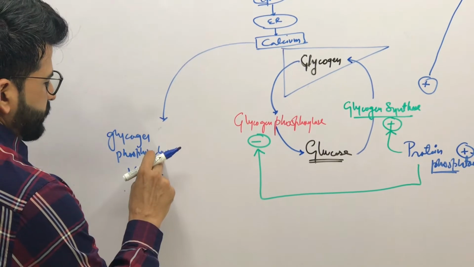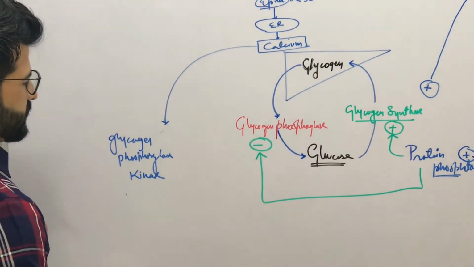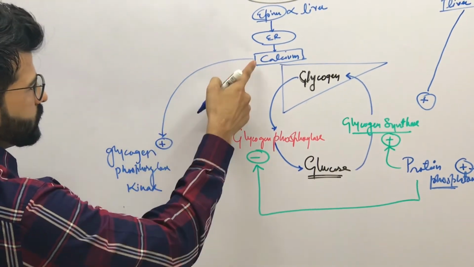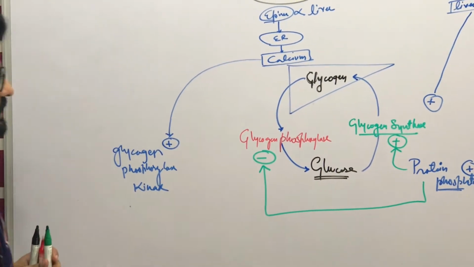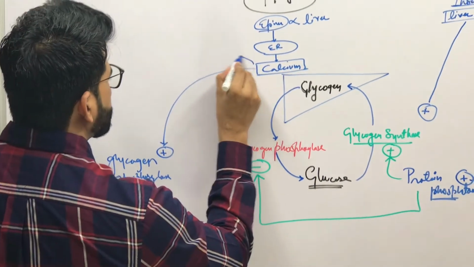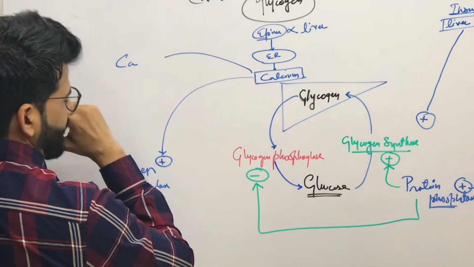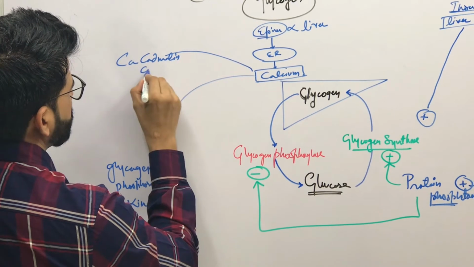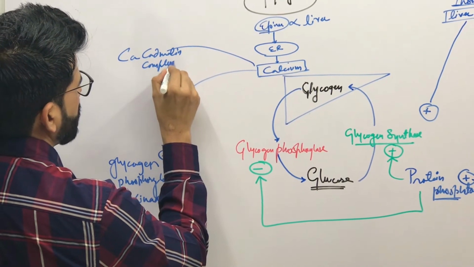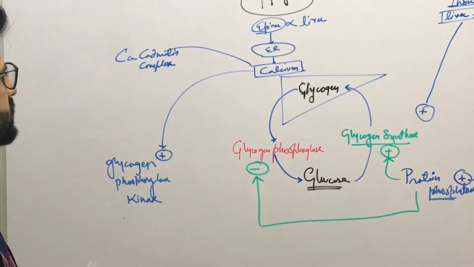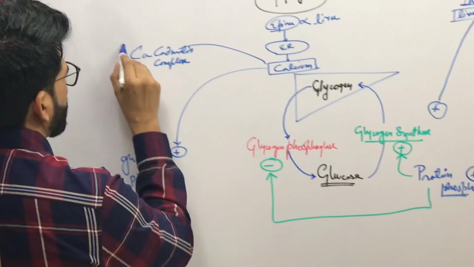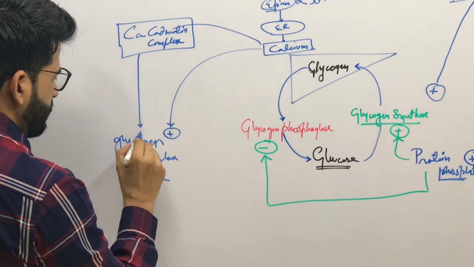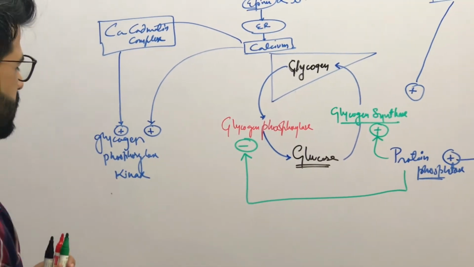It is a phosphorylase as well as a kinase, glycogen phosphorylase kinase. So this calcium can straight away activate this enzyme, or this calcium can participate in forming calcium calmodulin complex, which is important for the contraction in the smooth muscles. And this calcium calmodulin complex also activates the glycogen phosphorylase kinase.